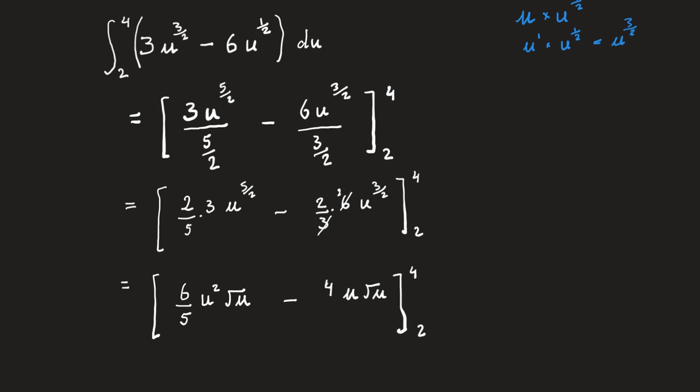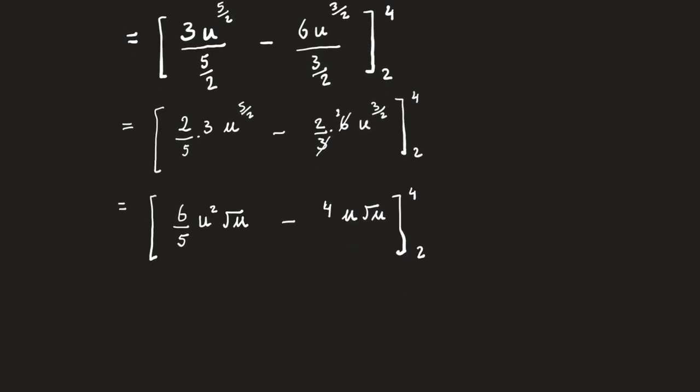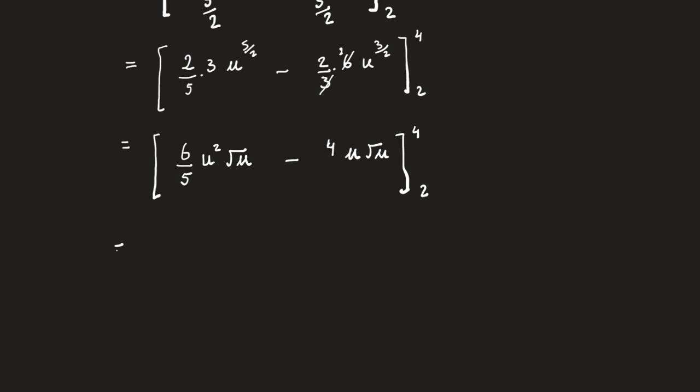So now when I substitute these two inside, I have 6 on 5, and I can write 4 squared root 4. It's easier to work that out. And now I have 4 times 4 root 4. That's the first part. Now I need to take it away from the second.